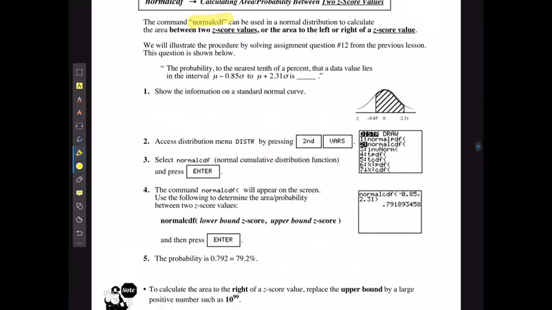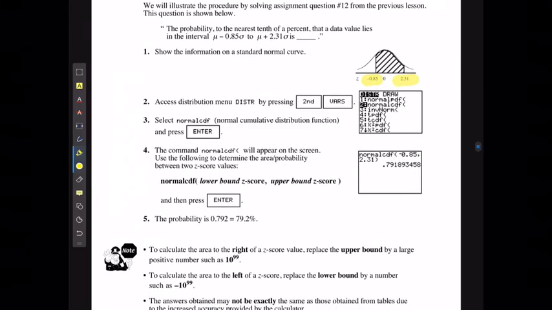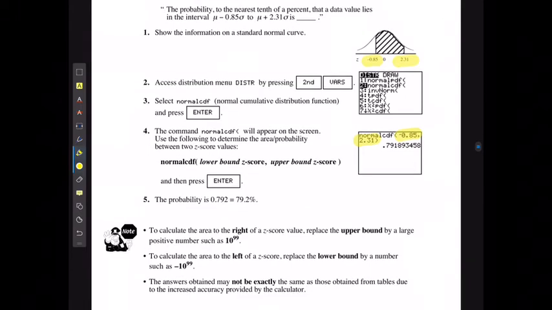When you're putting in the normal CDF commands, the biggest thing is saying, I want between these two points. It always says left boundary on the left, right boundary on the right, and then it will state the percentage or probability that it is going to be between those two points.